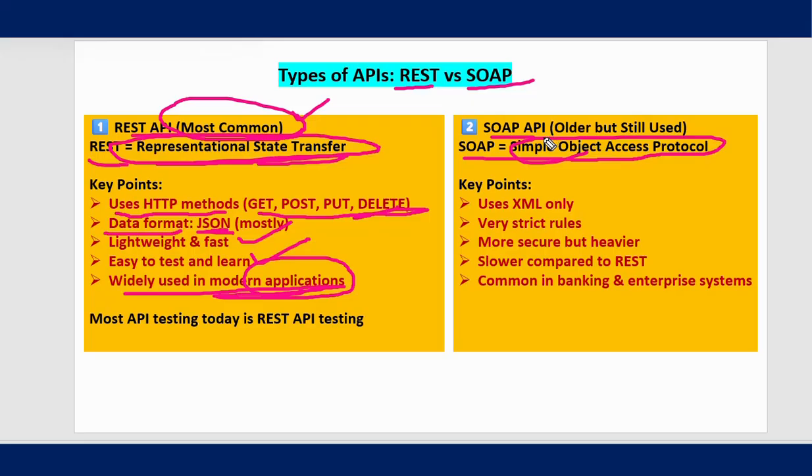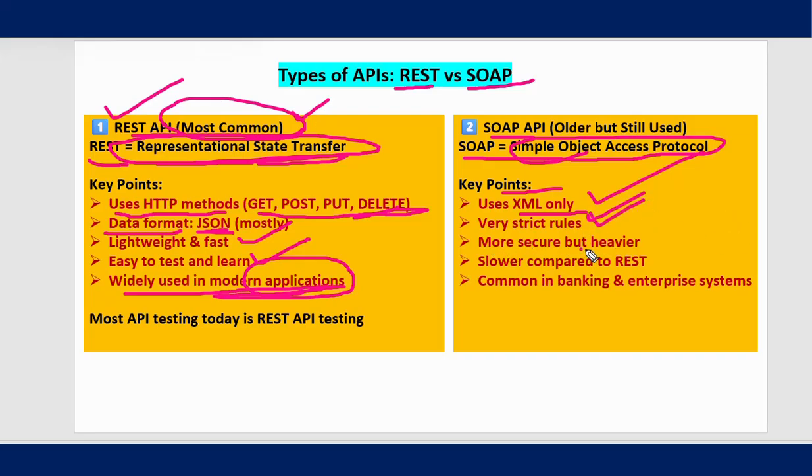On the other hand, in SOAP, the key point is that the XML format is used for sending the request and getting the responses. And there are some strict rules in SOAP. It's not as simple to learn as REST API, but still it is not very difficult.